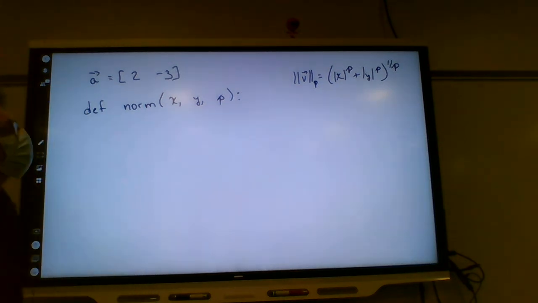Right? So we take an x and a y and a p, and we want it to return the p norm of a vector with those two components.